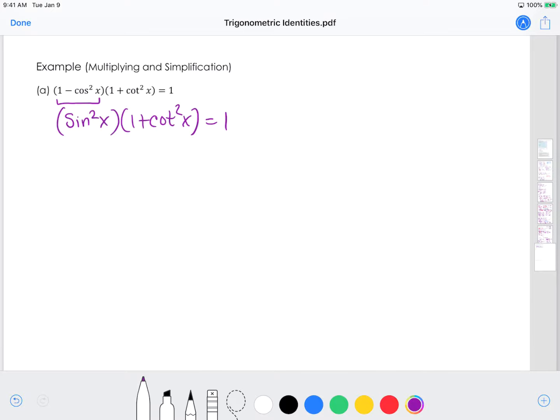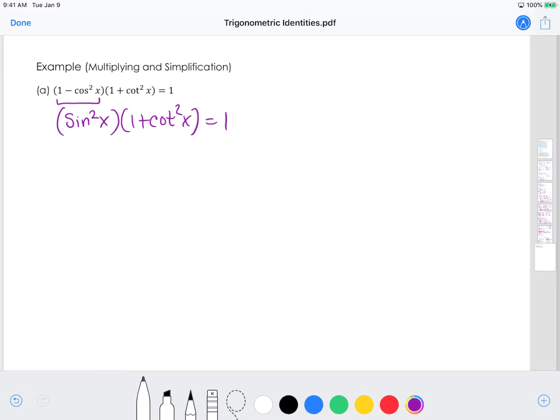That way I only have to distribute once instead of twice. Now if I didn't simplify that, it's totally fine. It just would have been a little bit more work. Where this way, I'm just distributing the sine squared x. Either way would have worked.